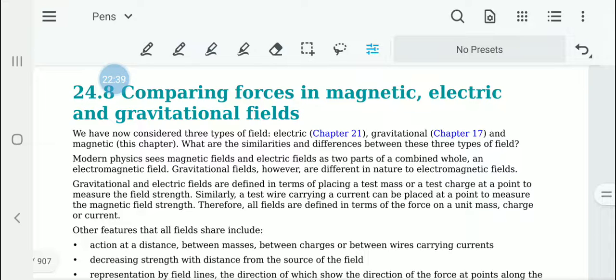Now modern theory suggests that electric fields and magnetic fields are a single type of field. We call it the electromagnetic field. Gravitational fields are quite different to electromagnetic fields. So that is the reason why we treat electromagnetic fields and gravitational fields separately.